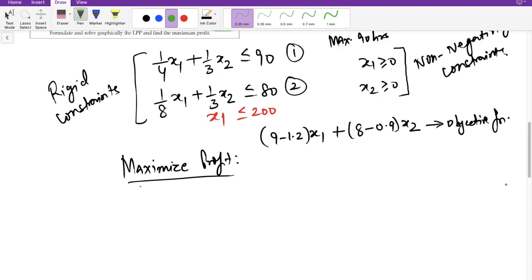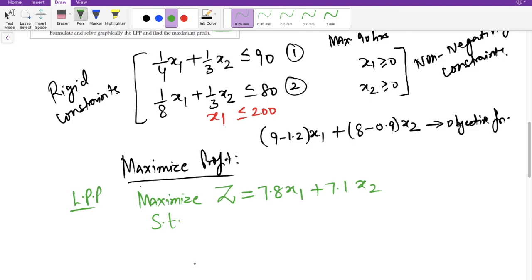You may now write your linear programming problem as: maximize, normally denoted by Z, Z is equal to, what is 9 minus 1.2? It comes out to be 7.8 x1, and 8 minus 0.9 is 7.1 x2. So that is your objective function, subject to the constraints.